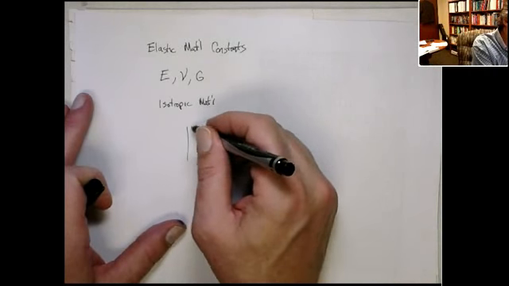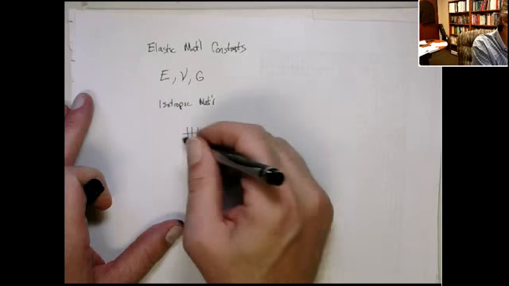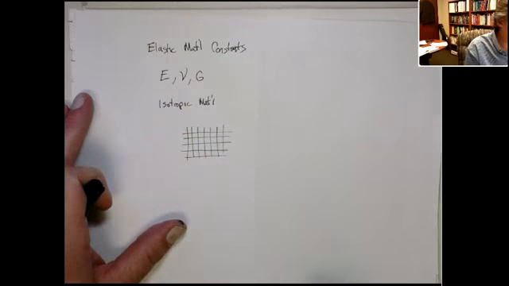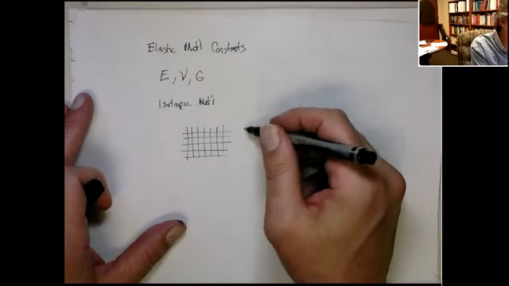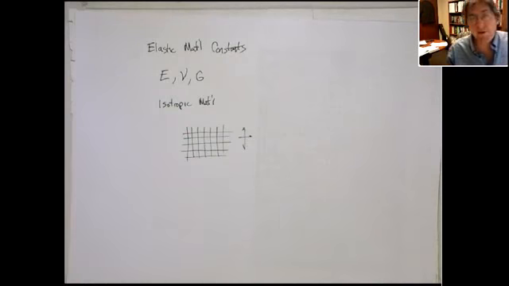Take very strong fibers, embed them in a matrix of material, get different responses in actually all three directions. You get different Young's modulus.